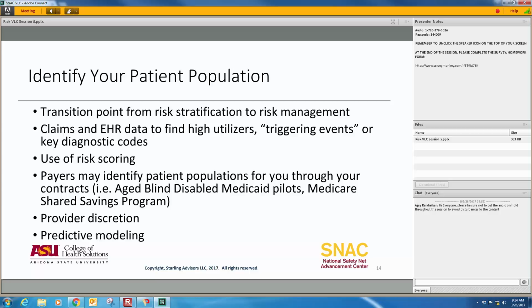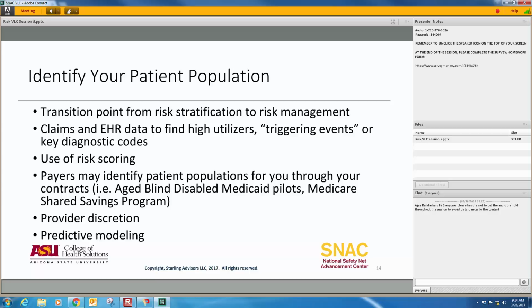And I mean, that makes sense. The first step is really to identify them, and then the second step is figuring out how we're going to best manage and support those patients. We know that it's important that we think about the use of data in this process. So claims data and EHR data really help to parse out who we're focused on. There could be key triggering events, for example, a hospitalization for a patient with congestive heart failure.